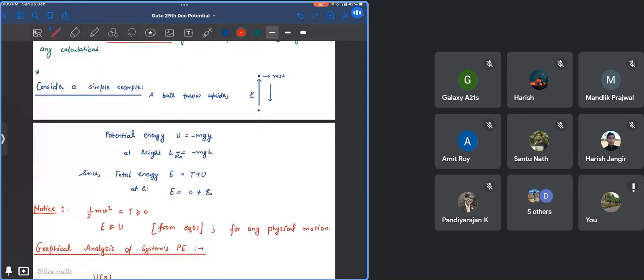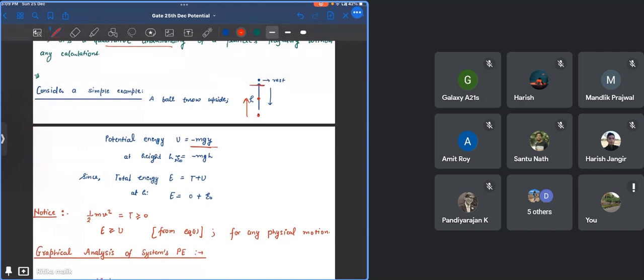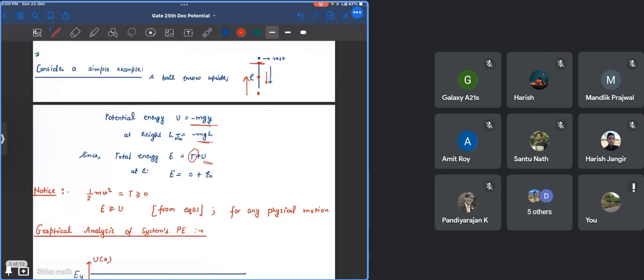So for example, consider a situation in which you have a ball and you throw it upward. Then the potential energy is given by mgy at a certain position y, but at the complete height h, it will be mgh, and at that position it will come to rest, and then it comes down again. At that position, your kinetic energy will be zero and you have only potential energy, so your total energy will equal your potential energy.